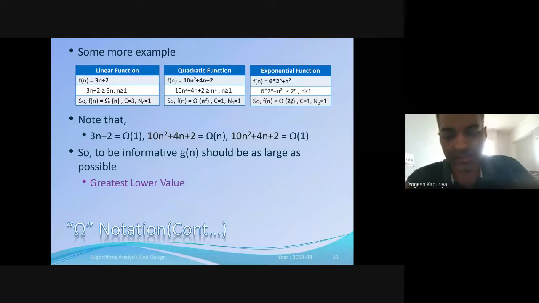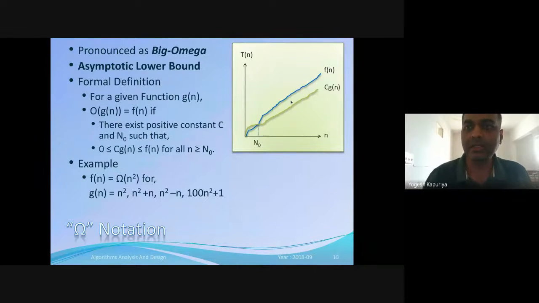To understand this, you need to understand this graph. What I mean to say is that you have been given some function fn. Any function over here can be your Cgn. You have to observe this mouse cursor, right? Your chart can be anything, but anything over here, it can be your Cgn, right?